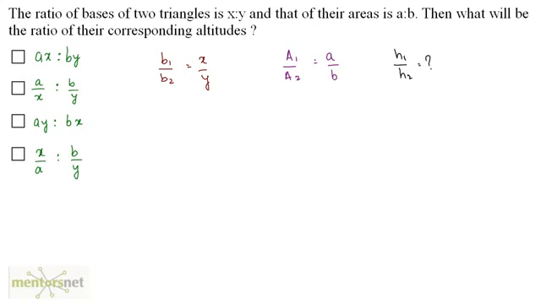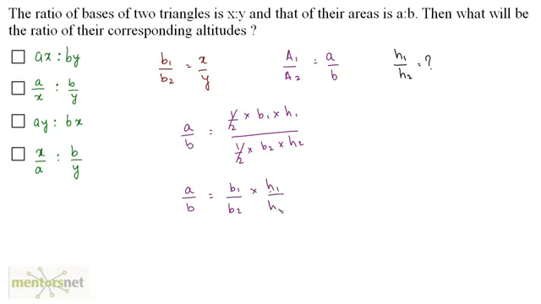Now we can write A1 by A2, which we have as A by B, as half into base into height of the first triangle upon area of the second triangle, which is half into B2 into H2. Half and half get cancelled out. A by B is equal to B1 by B2 times H1 by H2.